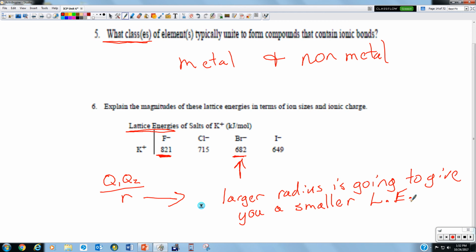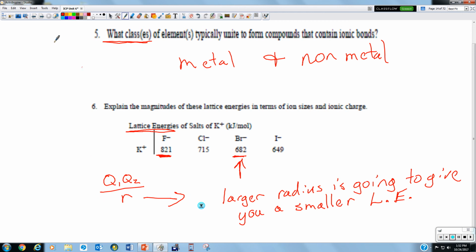So earlier I just said the statement, the reverse of that, a smaller radius gives you a higher lattice energy. So a larger radius gives you a smaller lattice energy. Does that make sense?